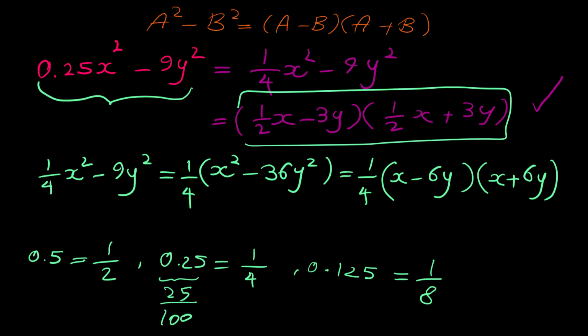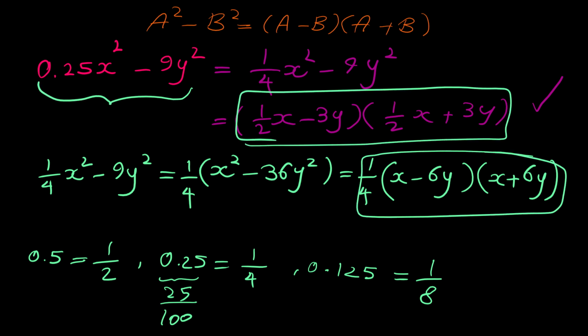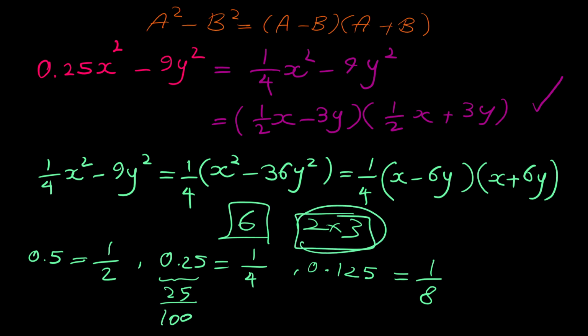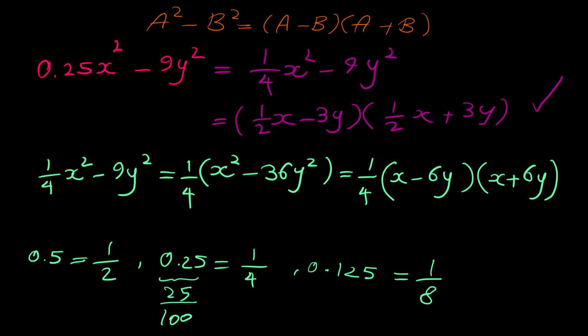This is the answer. This is also the answer. Maybe you ask yourself why the answers are different. No, the answers are not different. They look different. It is like saying these two are different. Are these two really different? No. This is 6. This is also 6. But they look different. And here, if you pay attention, please let me describe this.